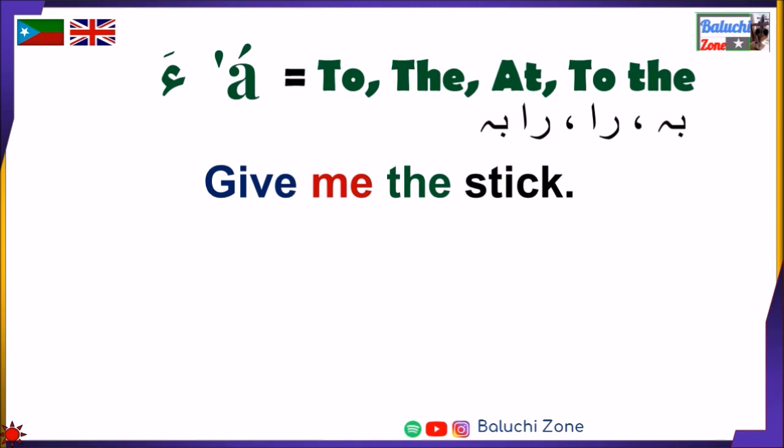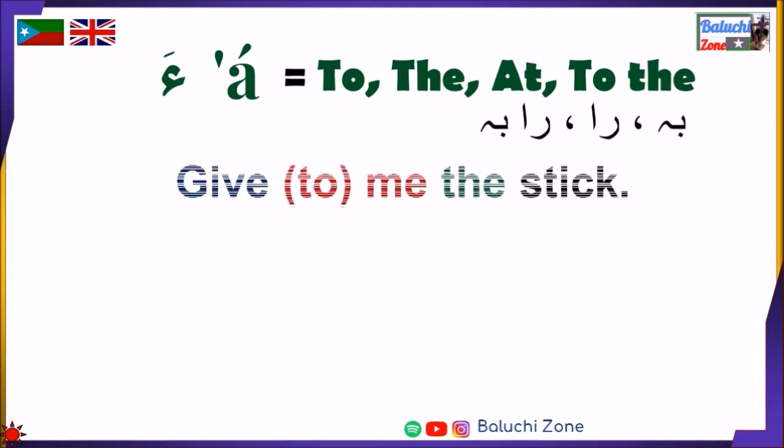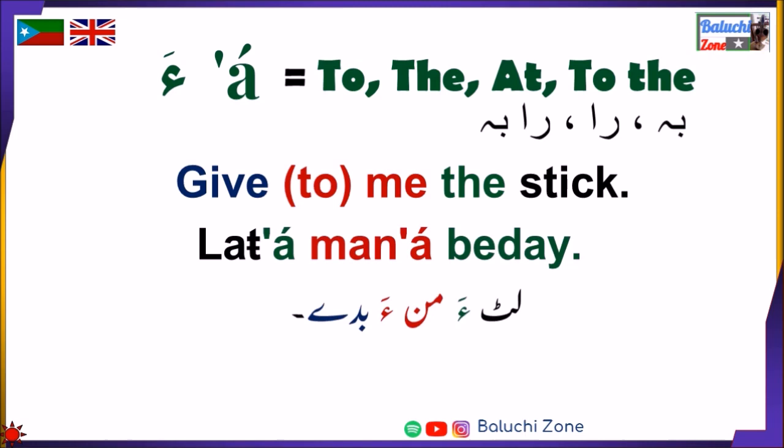Give me the stick. Or in this case, give to me the stick. Lato mano bede. Or you can say Lato mano de. In Persian, the translation would be Chubro beman bede.